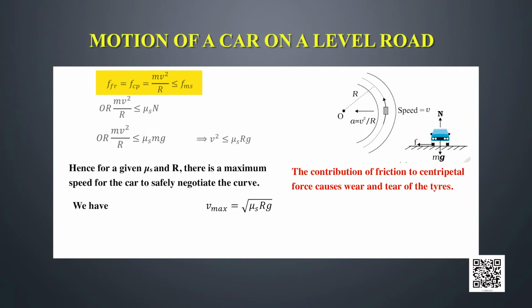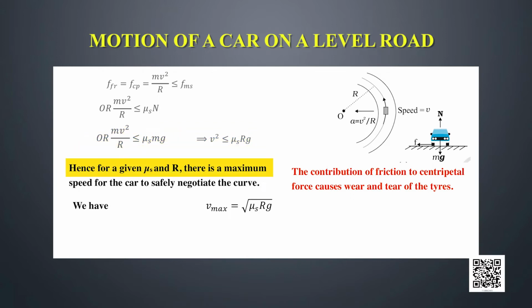It should be less than or equal to the maximum force of static friction, that is Fms. Or we can write mv square over r less than or equal to mu s N, or mv square over r less than or equal to mu s mg, because N is mg. This implies v square is less than or equal to mu s r g.